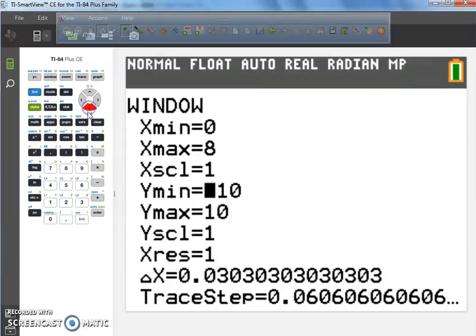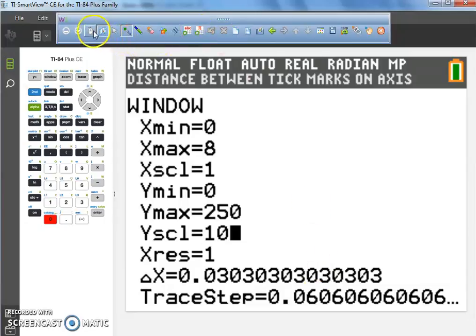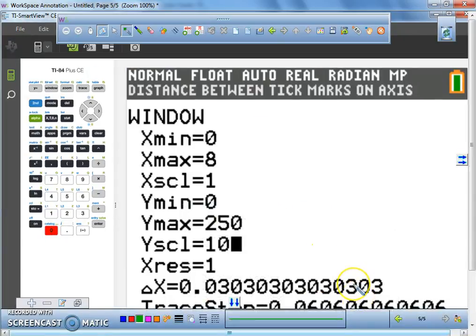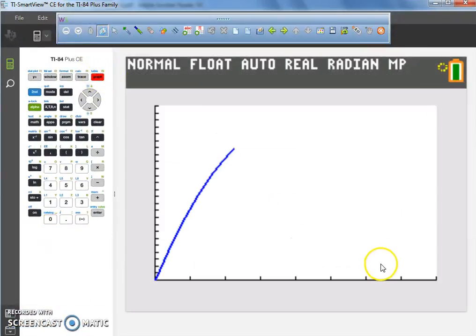Keep the x scale at 1. Y minimum 0. Y maximum, jump it up to 250. And for the y scale, type in 10. Once you get everything typed in, take a screenshot. There's a screenshot of our window settings. Once you do that, hit the graph button.